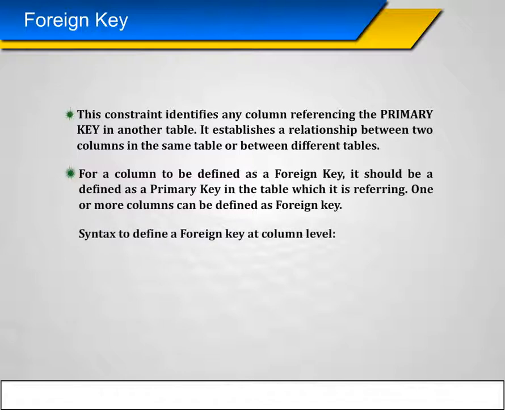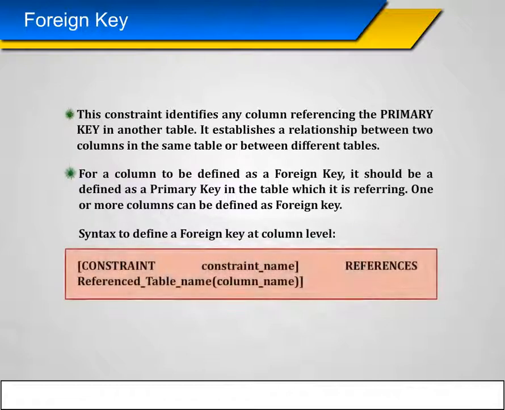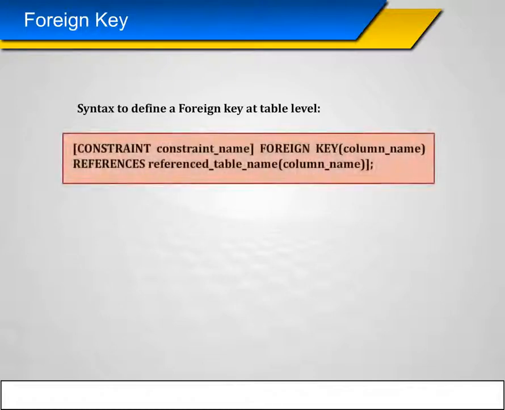Syntax to define a foreign key at column level: constraint, constraint name, references, referenced table name, column name. Syntax to define a foreign key at table level: constraint, constraint name, foreign key, column name, references, referenced table name, column name.